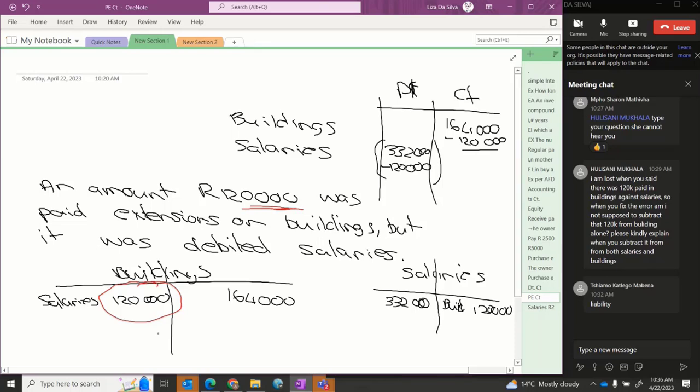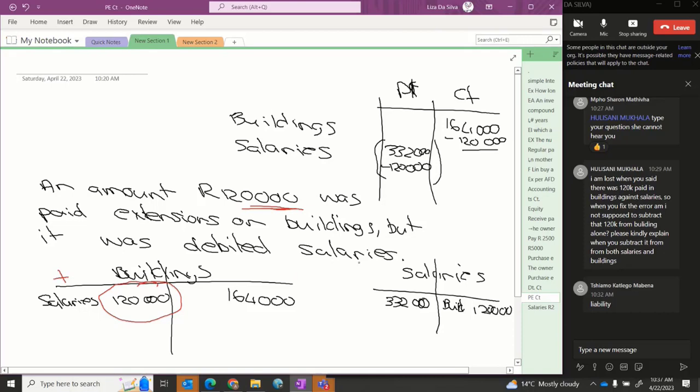Okay, I understand why you understand, yeah, it's negative. But okay, there are still other mistakes as well. I'm just showing you the one transaction. So the first thing that you must see is that the amount of 120,000 that they paid on the buildings, the extensions, should have been on the debit side because assets on the debit side increase.